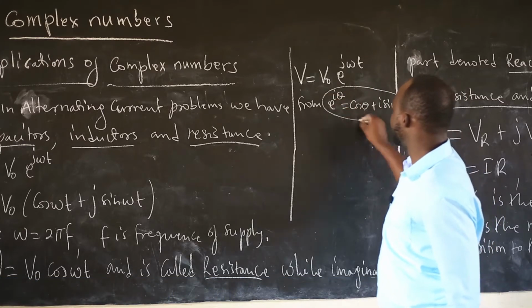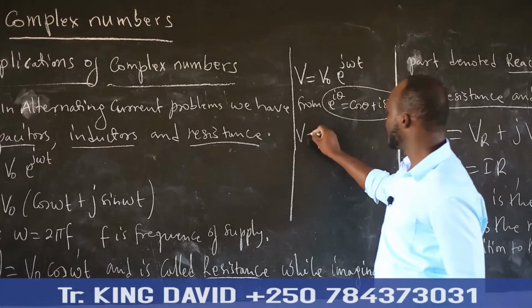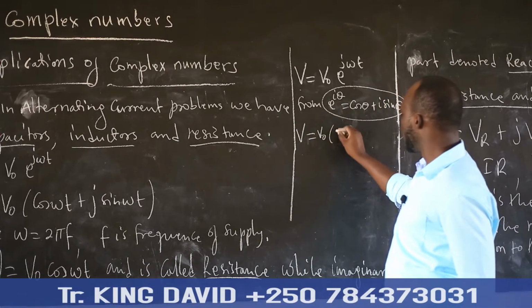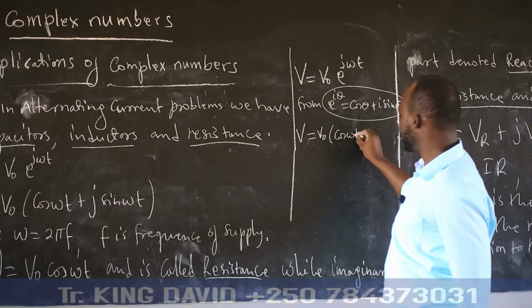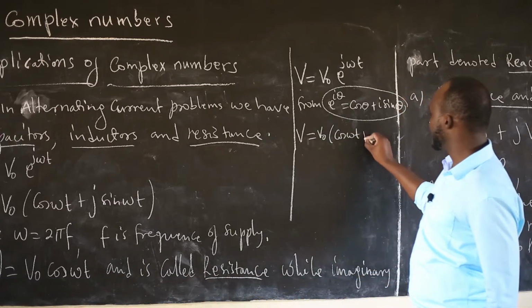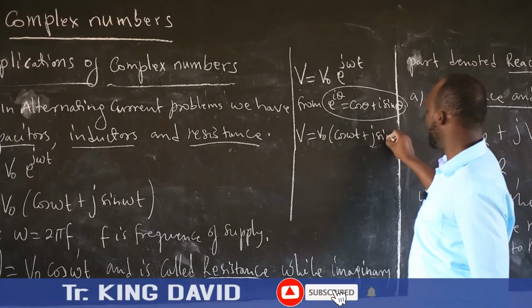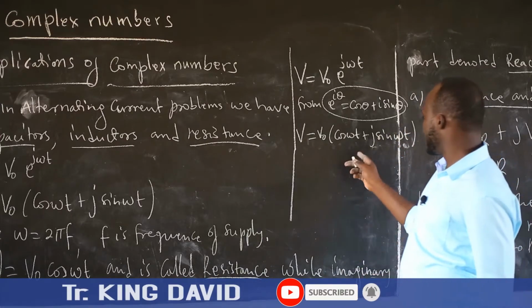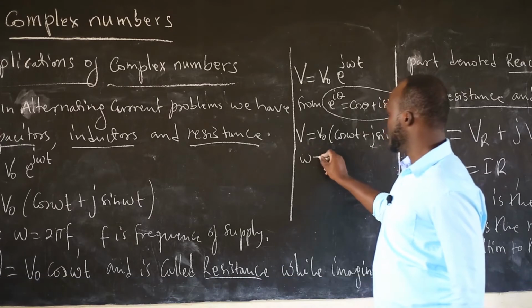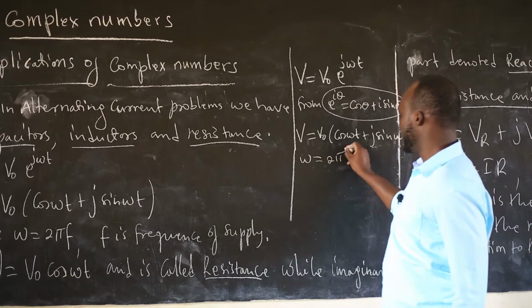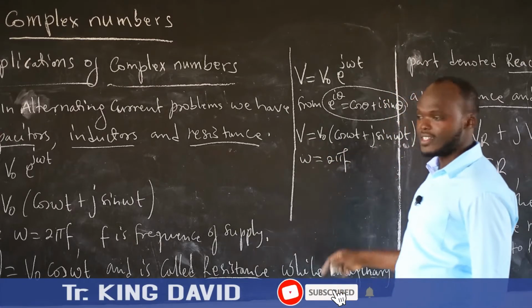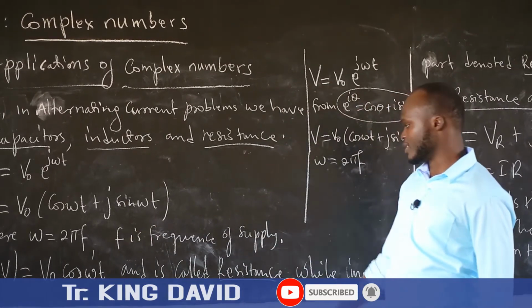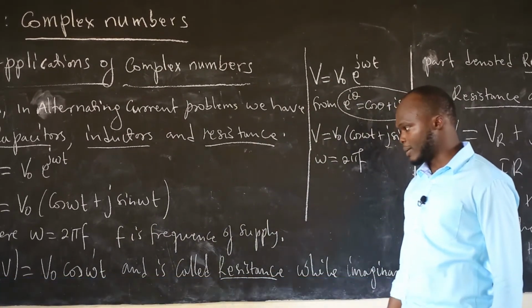So V becomes VO into bracket cos omega t plus j sine omega t, where omega equal to 2 pi f, and f is the frequency of supply.